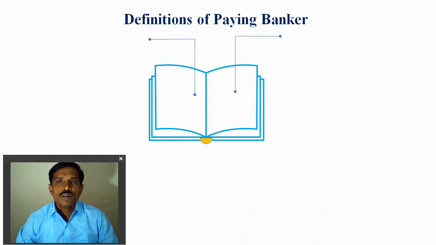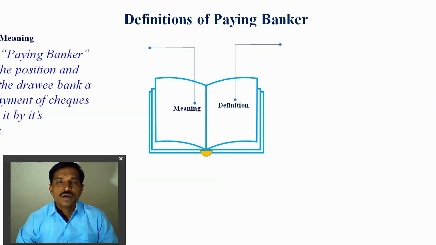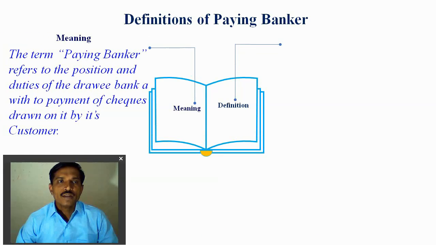Now the definition of the paying banker as per the Negotiable Instruments Act. The term paying banker refers to the position and duties of the drawee bank with respect to the payment of checks drawn on it by its customer.